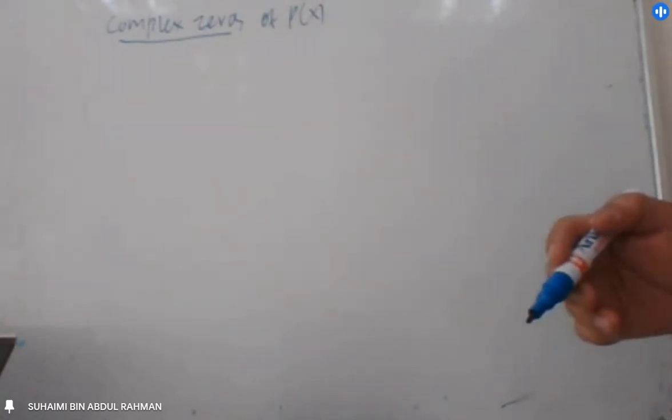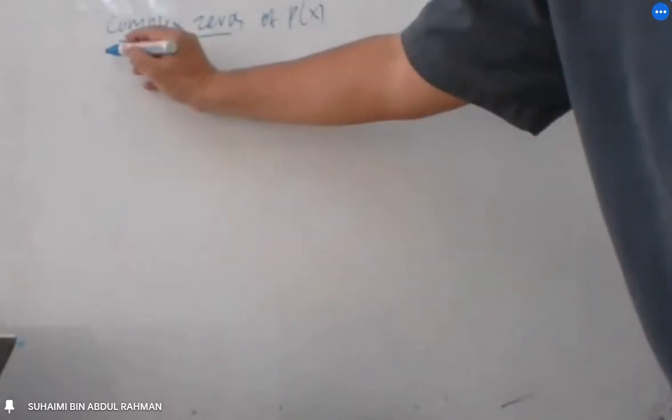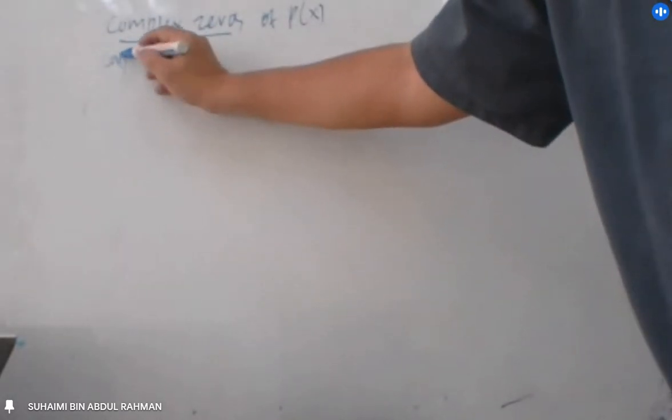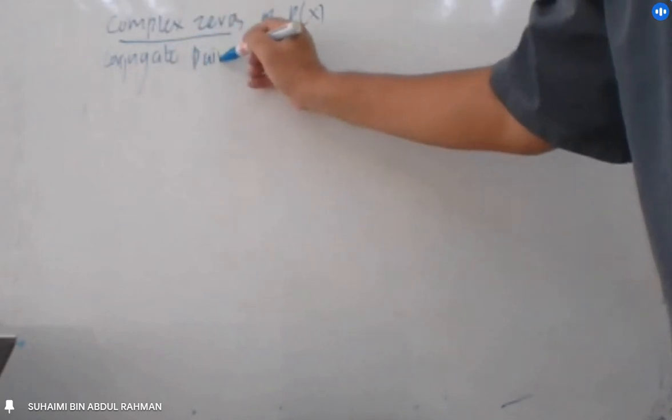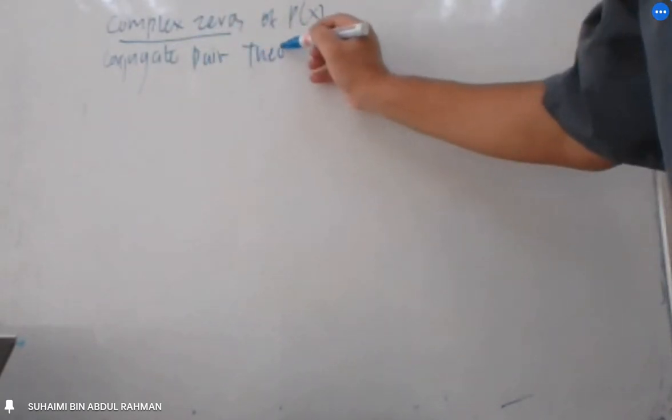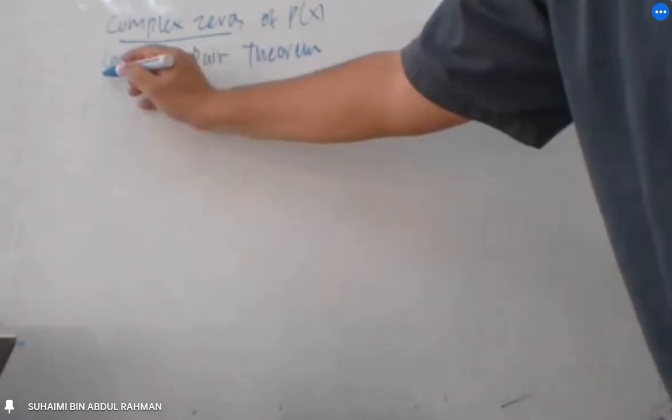So when we talk about complex zeros of a polynomial, we have a theorem which we call the conjugate pair theorem.